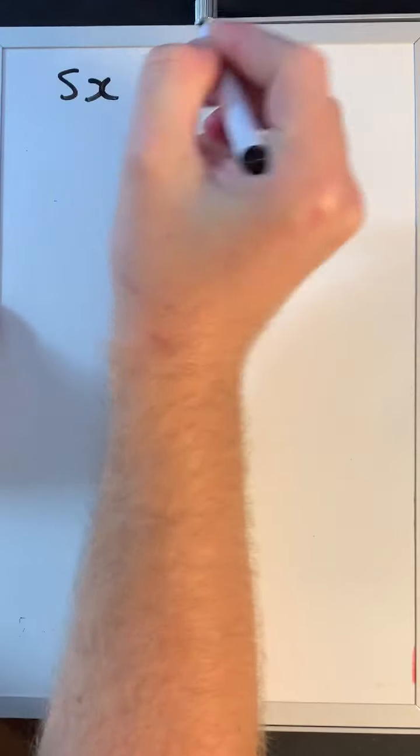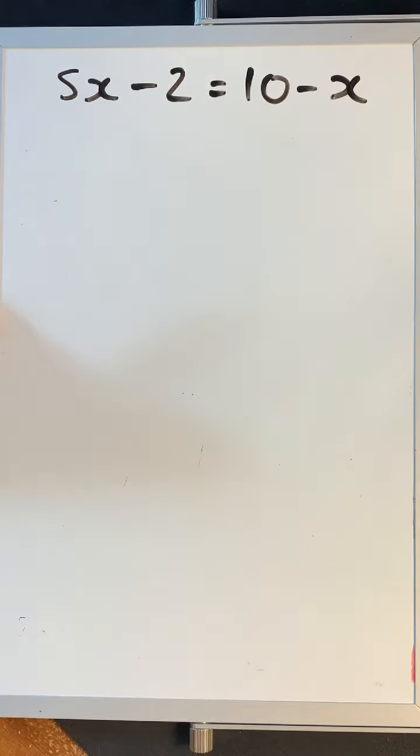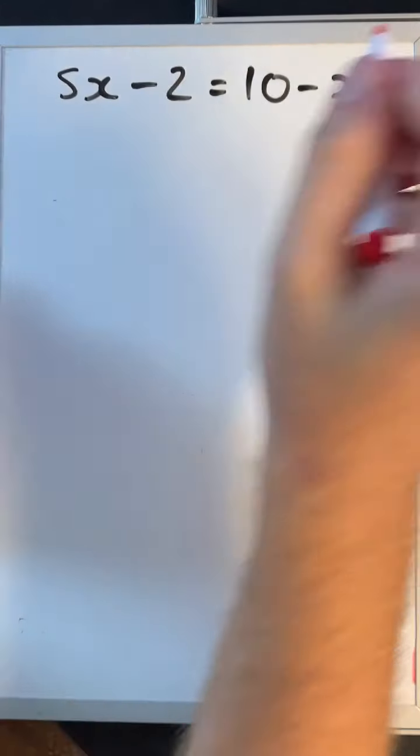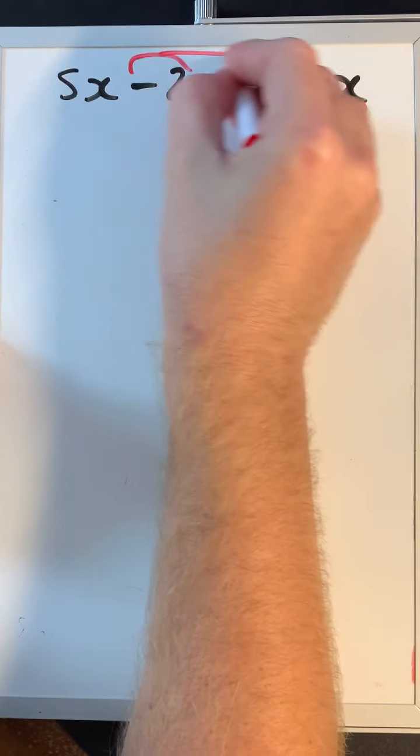Let's have a look at another quick example, very similar to the last one. If you want to, pause the video and have a go at it. Right, so again you want to get x's on one side, numbers on the other. So I'm going to take the x's to the left, numbers to the right.